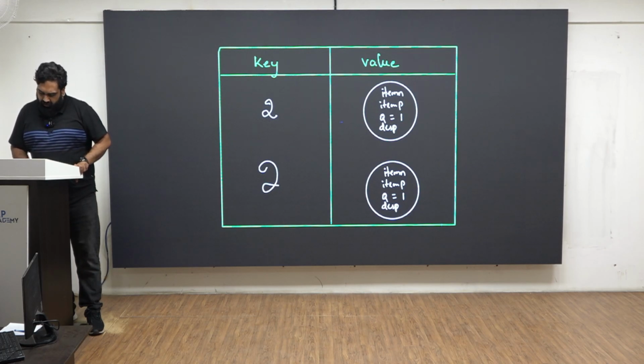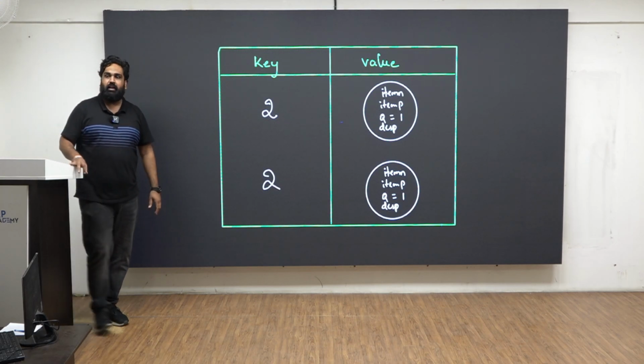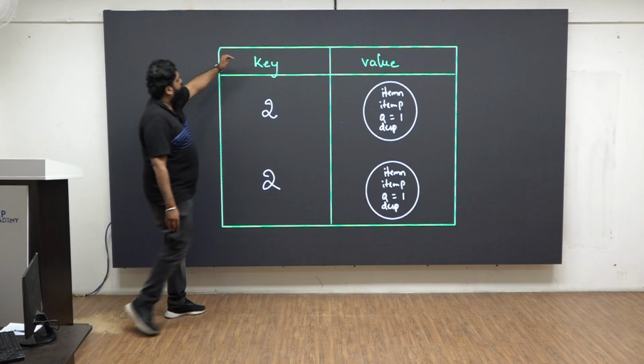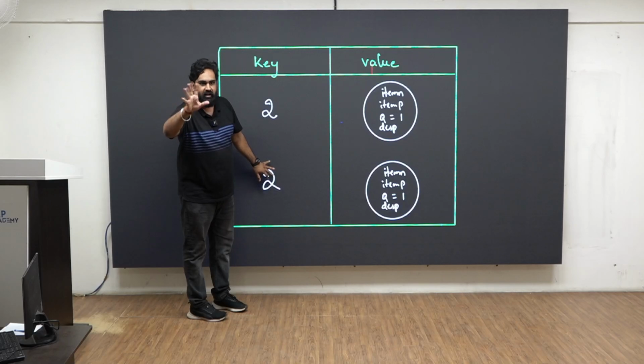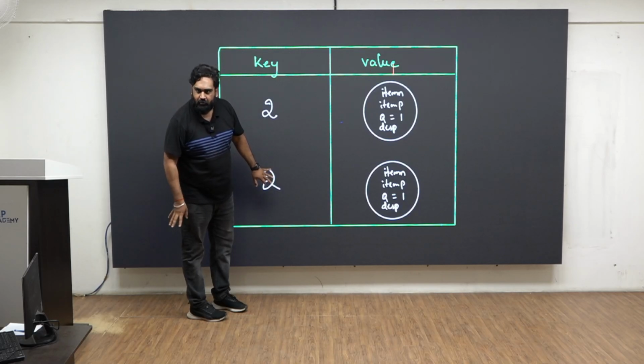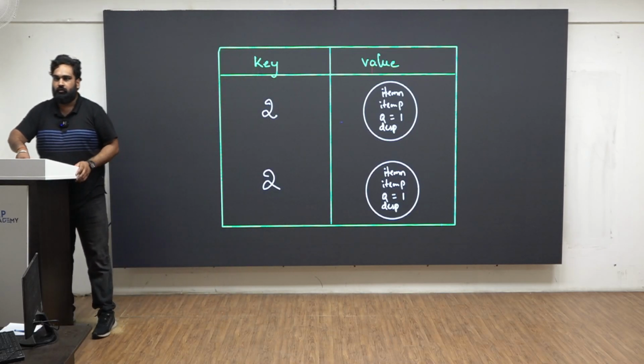Tell me, can I write it like this? Is it permitted in your map that you can have duplicate keys? Keys are never duplicates in a map, will you agree with me? If keys are not duplicates, then what should I do?